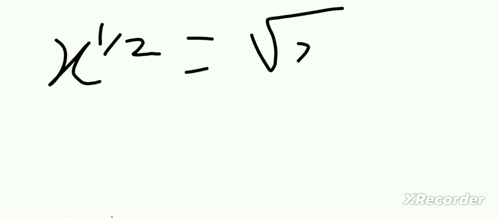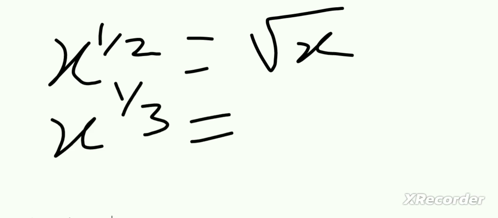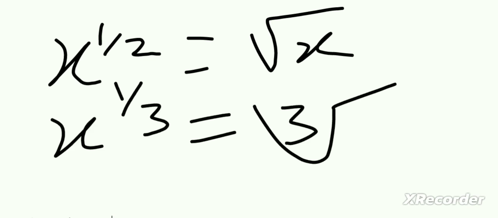Whenever you are given a problem in indices with a fractional power, for example, if what you are given is x to the power of 1 over 2, this becomes the square root of x. If you are given x to the power of 1 over 3, this becomes the cube root of x.